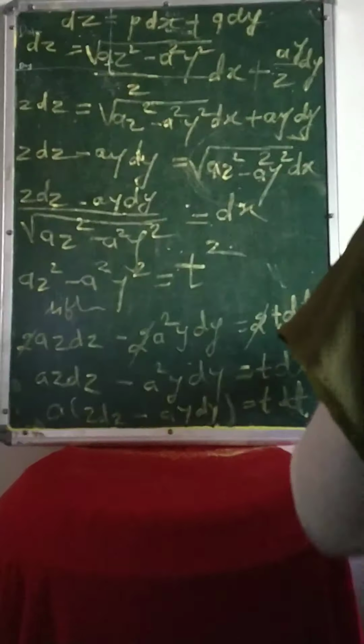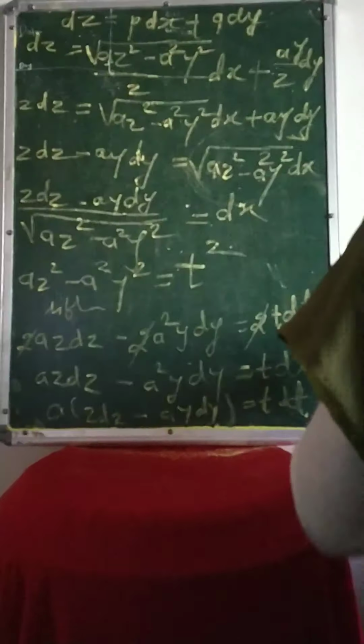So first z dz minus ay dy, its value is 1 by a t dt upon under root of this term. Here we have taken t square, under root of t square means it is t, equal to dx. So here t gets cancelled, means it is 1 by a dt equal to dx.